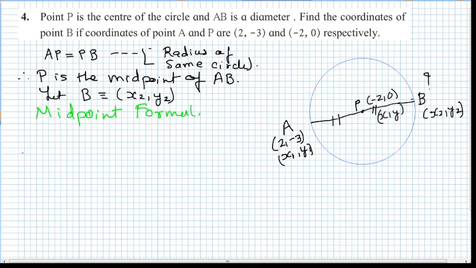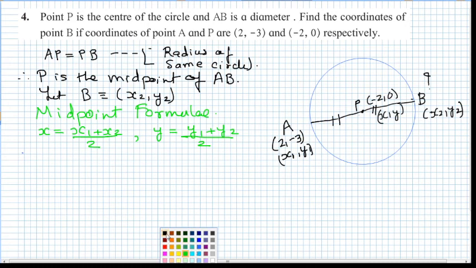What does the midpoint formula state? x equals (x1 plus x2) upon 2. Remember that here x is the x coordinate of P. Then y is equal to (y1 plus y2) upon 2. So this is as per the midpoint formula.